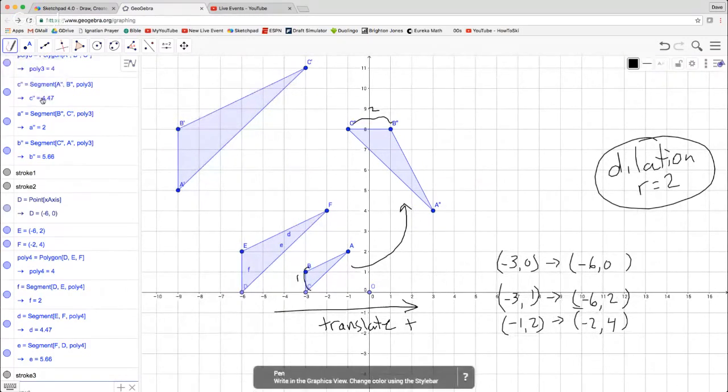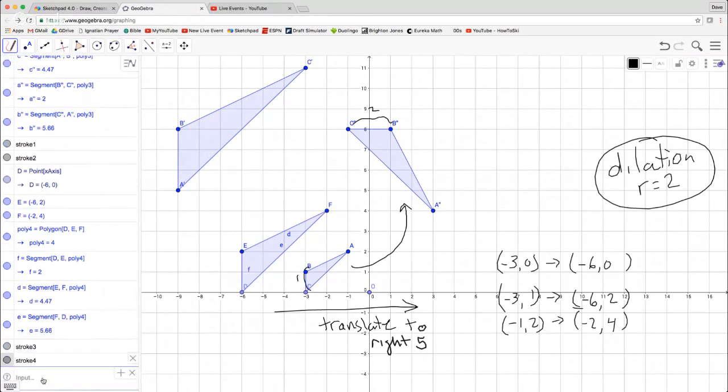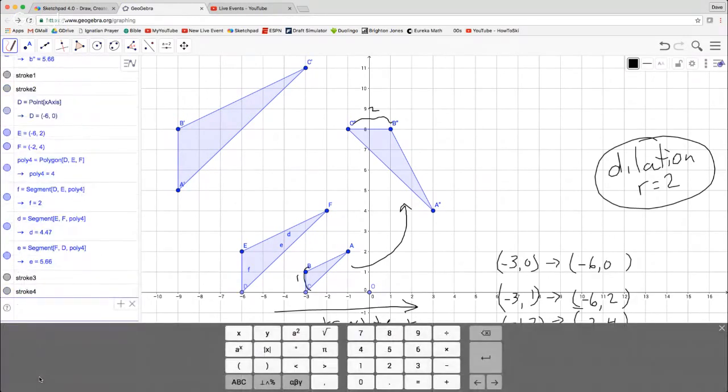I'm going to translate to the right 5 units. So we're going to say, and I can just do this shorthand. Watch what I do. I say translate. Well, let's make our vector that we're going to translate it by.